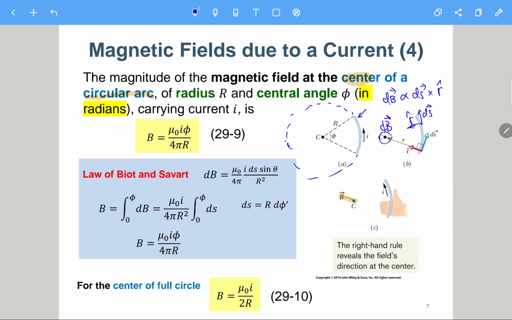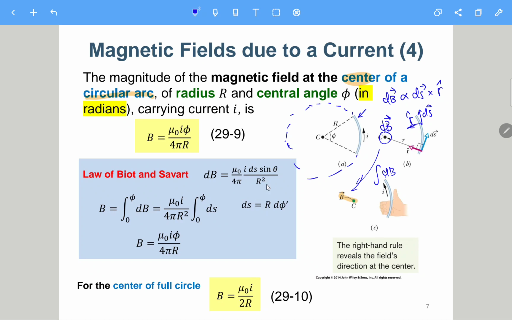So when we integrate all of the dB together, we have the overall B, the integration of dB. Similarly, we apply the Biot-Savart law: mu 0 over 4 pi, I ds sine theta over r squared.